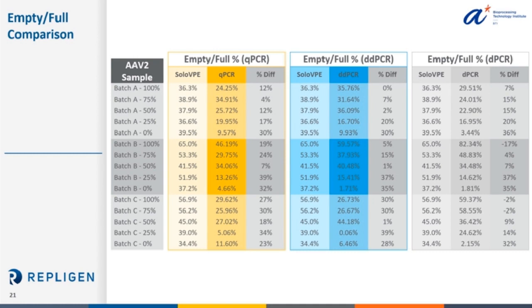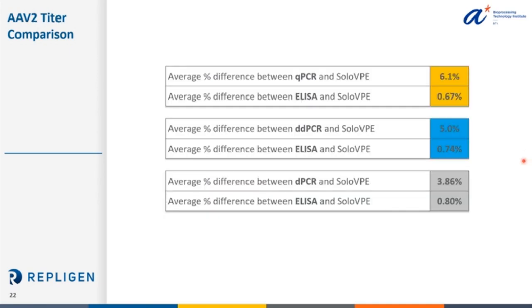The 3 batches showed very consistent data from batch to batch and, more importantly, test to test. So a summary of this data represented here, whether we were compared against qPCR, ddPCR, or dPCR, we had equivalent results.